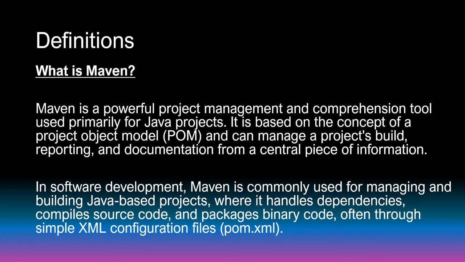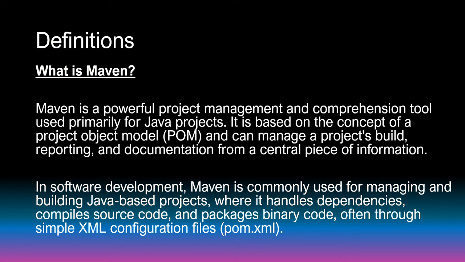All right, so for this project, you are going to learn how to use Maven. Maven is an open source tool that is very popular within the software development world. It is a project management and comprehension tool. It's used primarily for Java projects, and it's based on the concept of the Project Object Model, or POM.